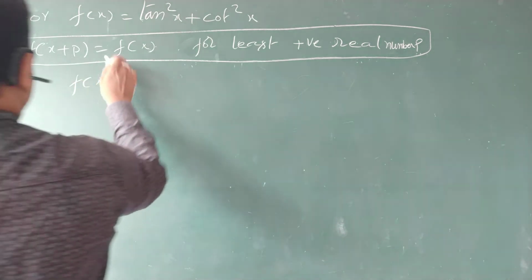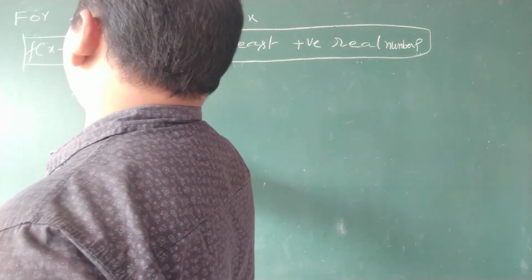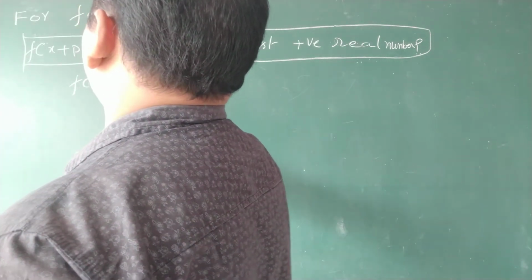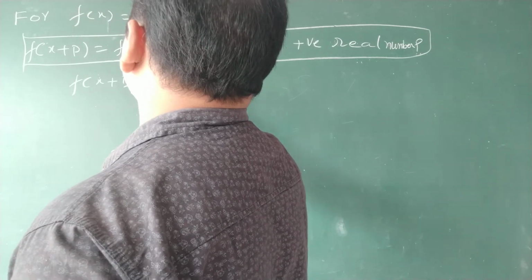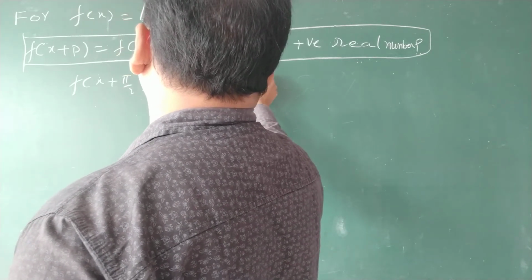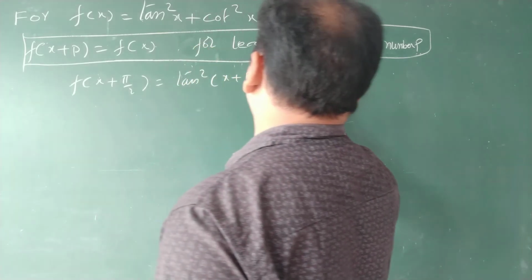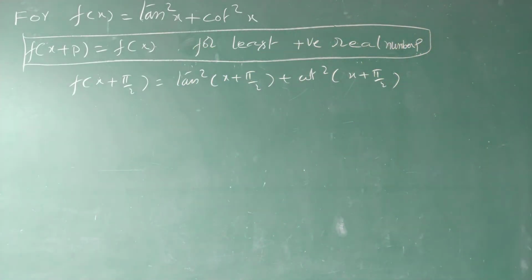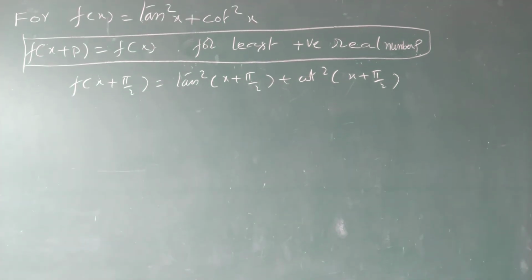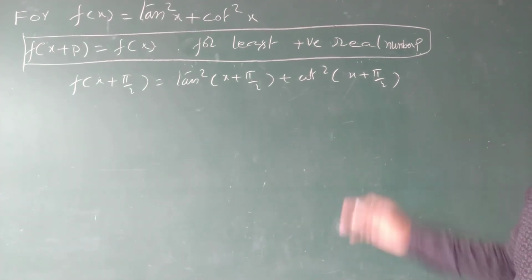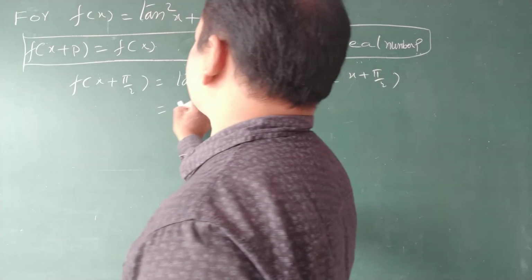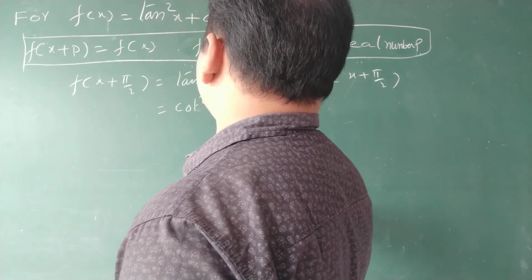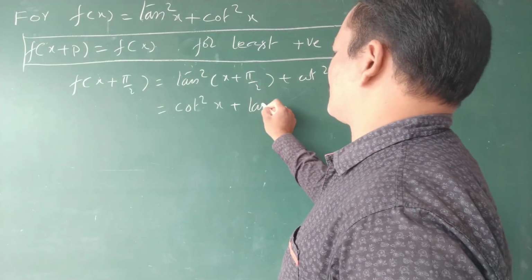Suppose we write pi by 2 in place of p, then f of x plus pi by 2 is nothing but tan square of x plus pi by 2 plus cot square of x plus pi by 2. Now tan of x plus pi by 2 gives minus cot x, and cot of x plus pi by 2 gives minus tan x, so squaring gives cot square x and tan square x.